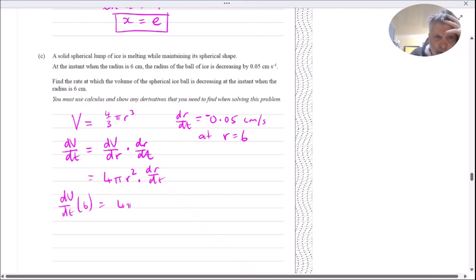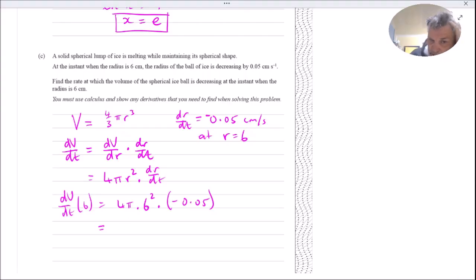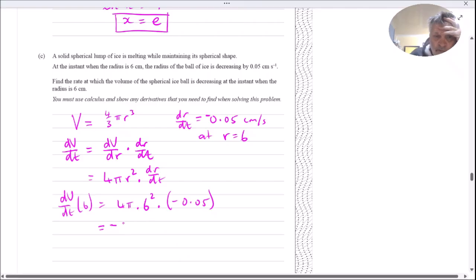So it's 4 pi times 6 squared times negative 0.05. 6 squared is 36. 4 of those is 144, and this is 1/20th. So negative 144 over 20 pi.